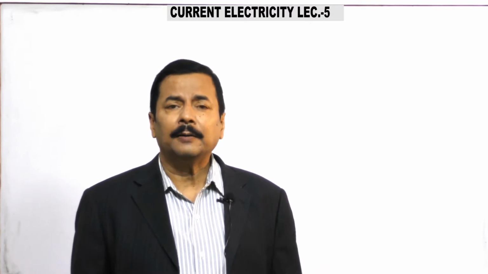We will continue our discussion on current electricity, and in fact we will be starting with the cell and battery. You all have the idea. Let us discuss the cell, then the combination of cells, why the combination of cells is required: series and parallel combination of cells, then mixed combination, and how it is useful and when we have to use it.